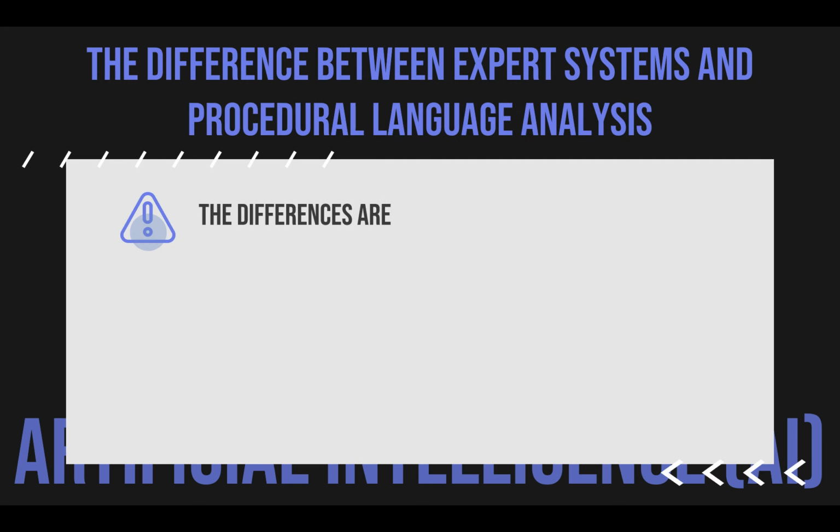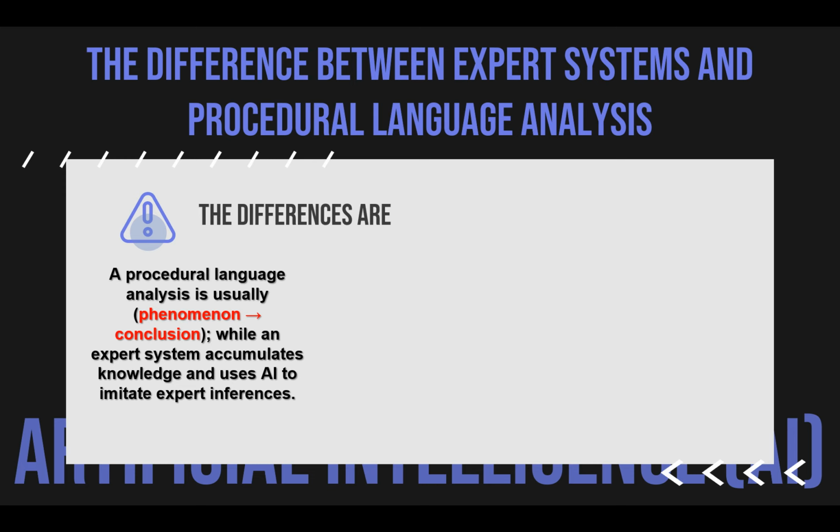And the differences are between the expert system and the procedural language analysis. The procedural language analysis usually goes from the phenomenon toward the conclusion, while an expert system accumulates knowledge and uses AI to imitate expert inferences.